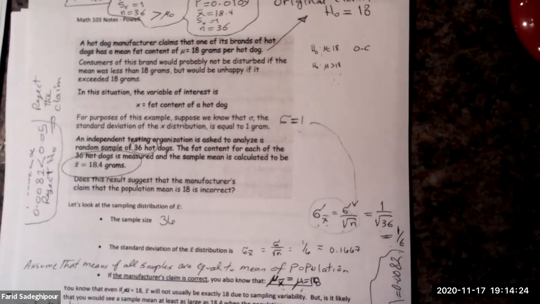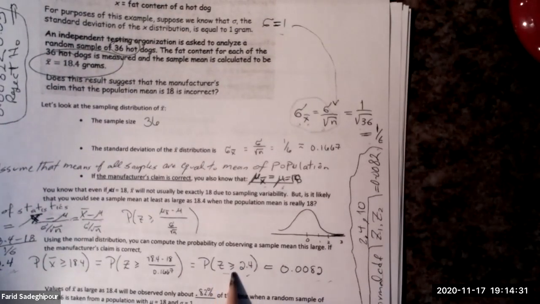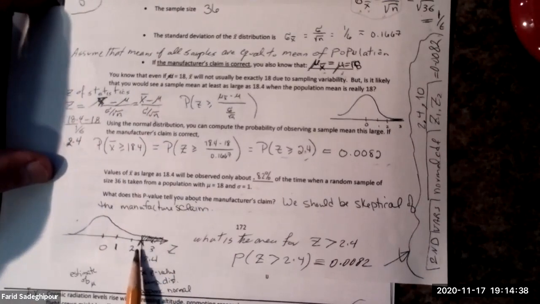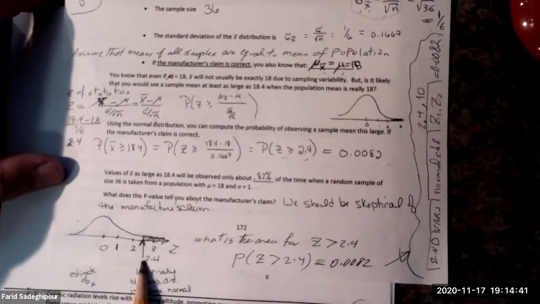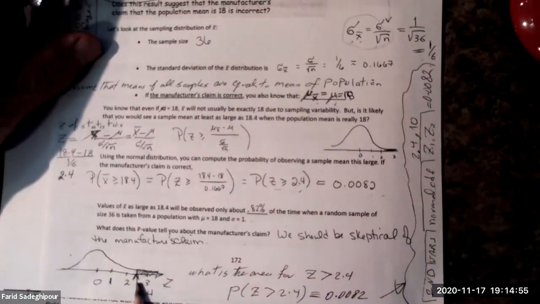Even if you want to do the calculation for this part, let's say you want to find the probability of z greater than 2.4, which gives you the area on the right side of 2.4. To find that, you could either use the table or the calculator. The calculator requires two endpoints.